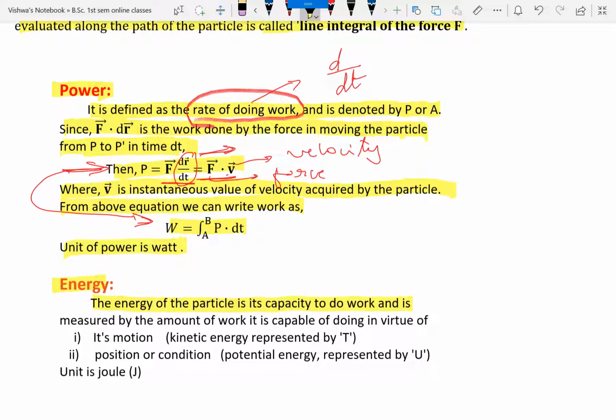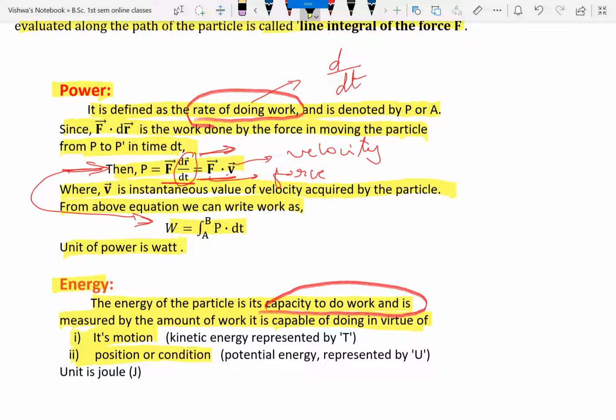So energy means capacity to do work, and it is measured by the amount of work it is capable of doing in virtue of two things: one is its motion, and the other is its position or conditions.